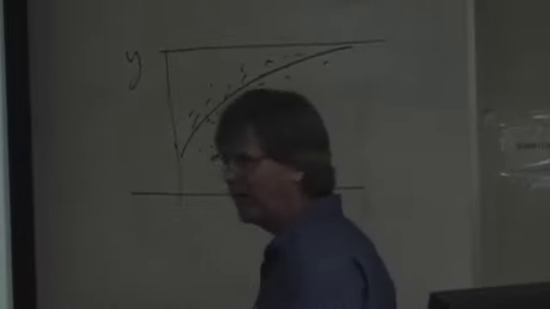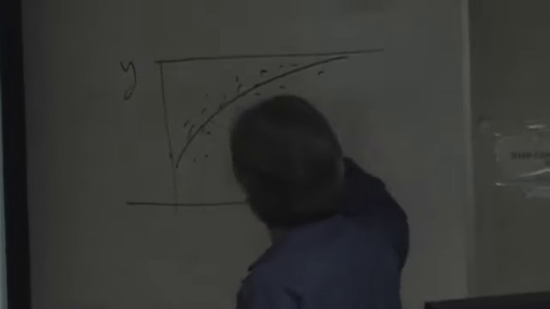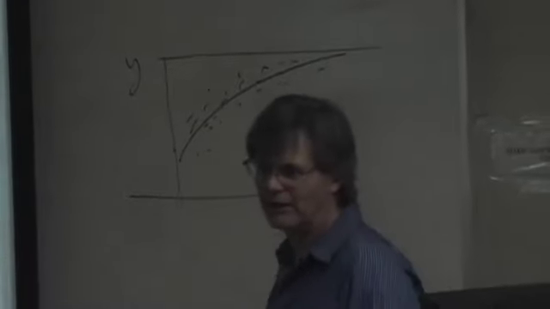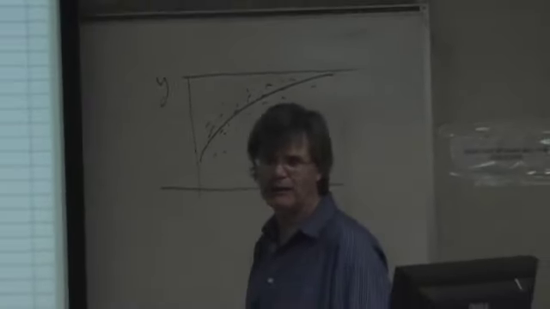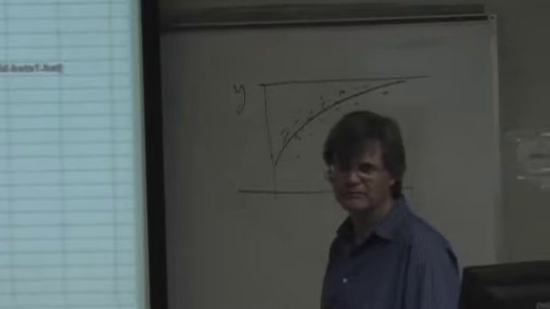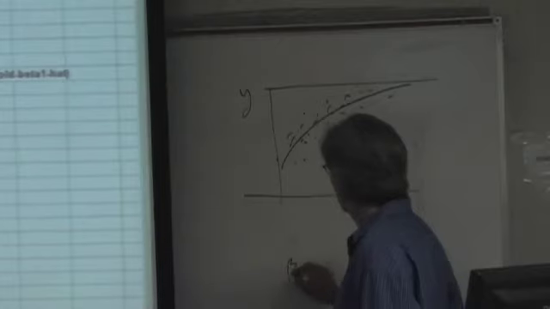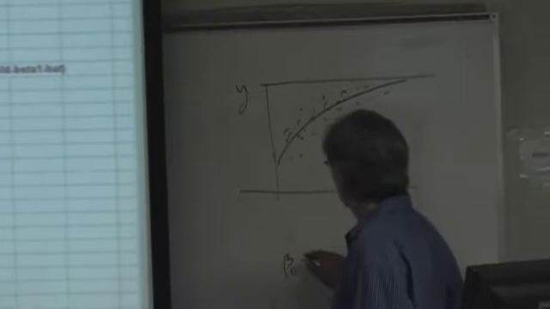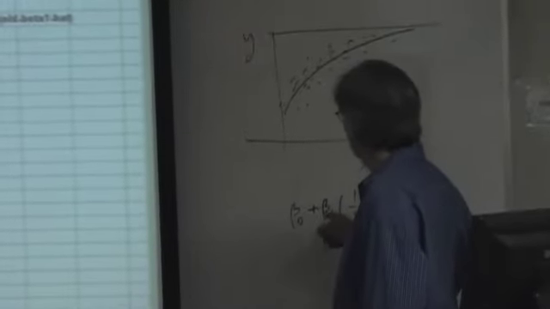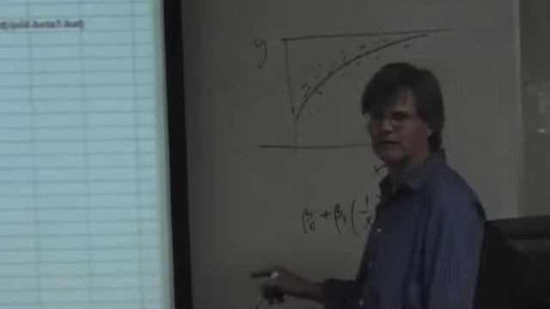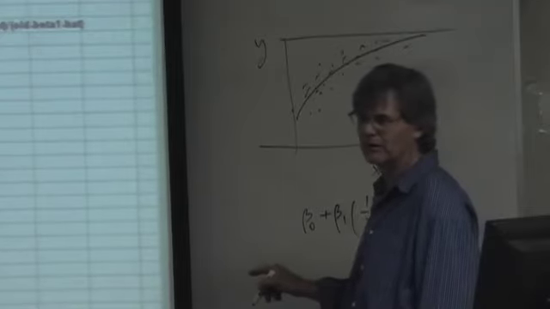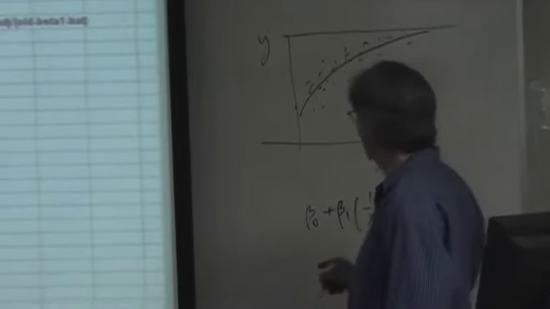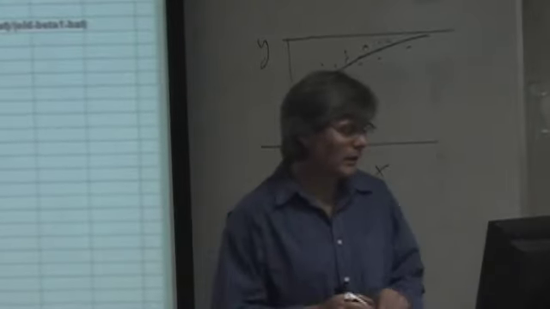What I want is a regression function that is still linear in the parameters. Do you know any functions that are linear in the parameters that have a behavior like that? A function of x? Something like beta 0 plus beta 1 times 1 over x, where beta 1 is negative.